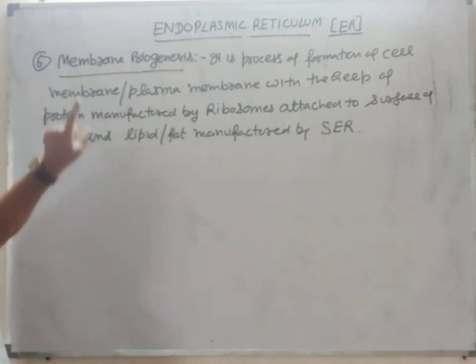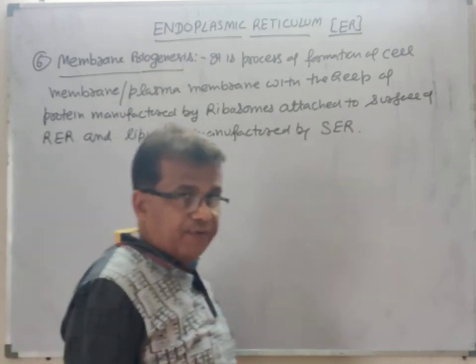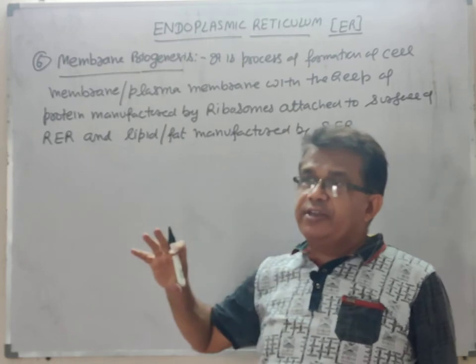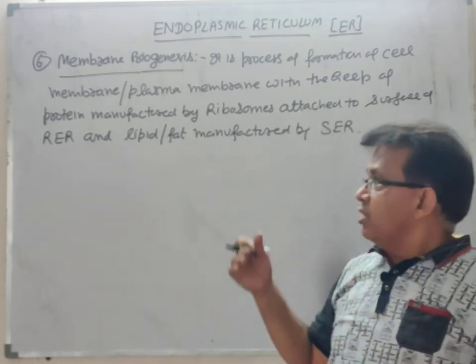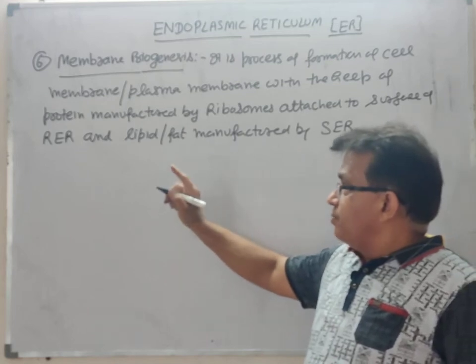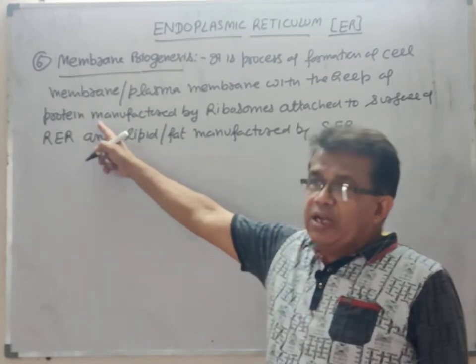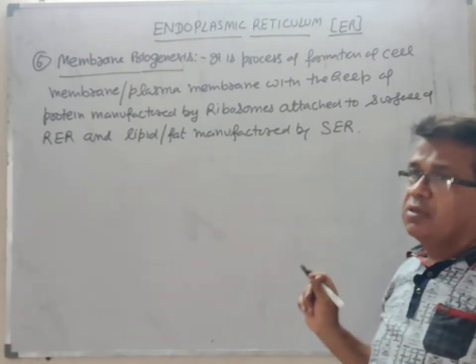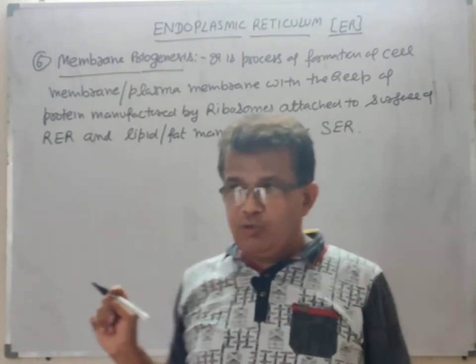So membrane biogenesis is a process by which plasma membrane, which is also known as cell membrane, if any repair is required, that repair or formation is done by the protein produced by ribosomes and lipid and fat produced by smooth endoplasmic reticulum.